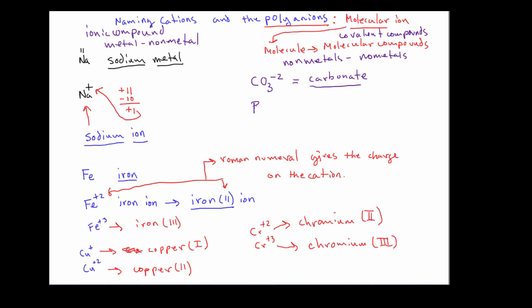And then there is another example of a common polyanion. This one's called phosphate. Now, this is a good example because it has a related compound with the formula PO3 -3, which is called phosphite.